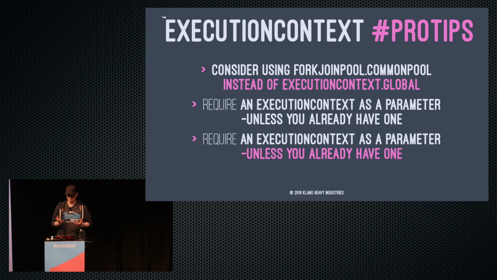So please do that, because otherwise there becomes this proliferation of thread pools, and it's really hard to figure out what's executing what and when. So if you have your own execution context, really have a good reason for having your own. Like, I want to isolate this piece of my system from this other piece of my system. That's a good reason. But don't create your own just for the sake of doing it.